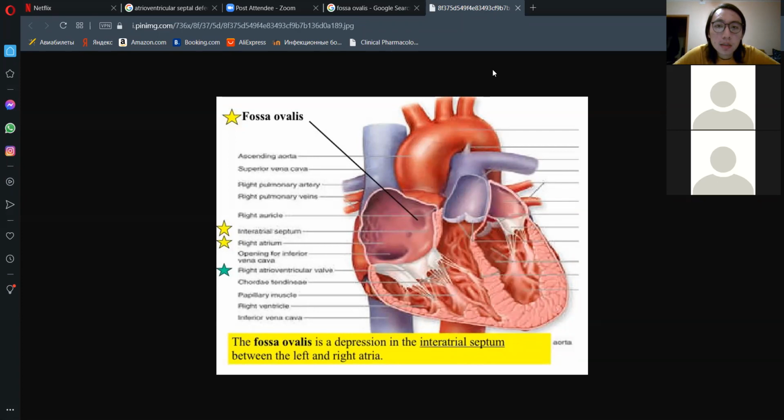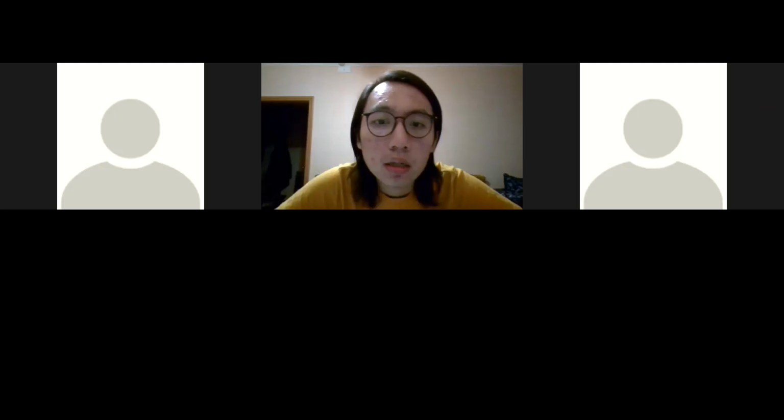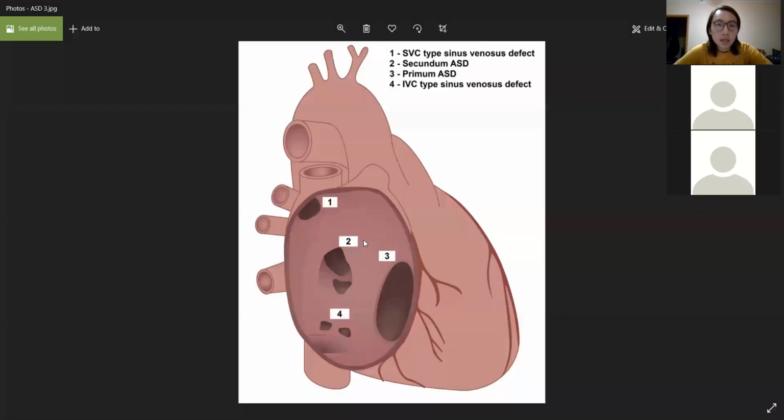Fossa ovalis over here. Let's go back to the picture. Remember where the fossa ovalis is, and now here it is. So it's close to the fossa ovalis, and it's the most common ASD. It accounts for over 80% of all ASD cases.